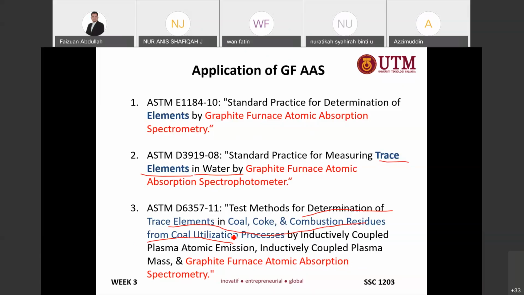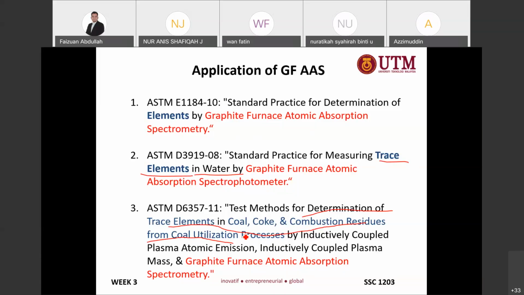So we can detect any analyte, in the form of trace elements, as well as not in the form of trace elements. Any metal that we can detect using AAS, flame, or graphite furnace, but we need to consider the analyte first. What is the analyte, and what is the amount of analyte inside the sample?